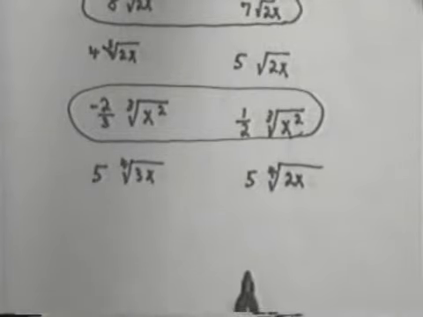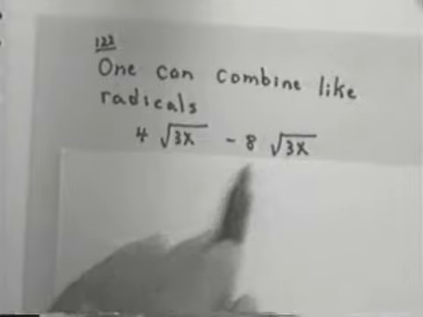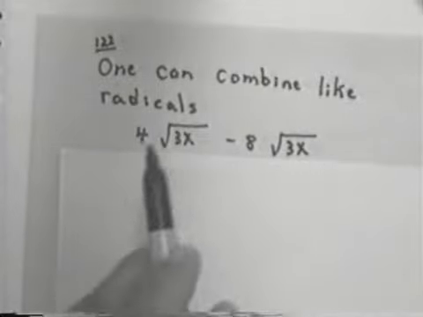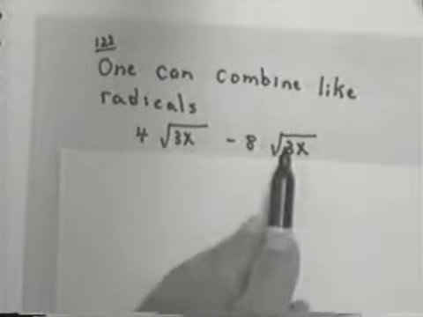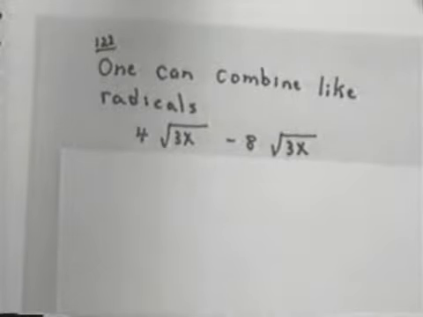One can combine like radicals. Let's look at 4 times the square root of 3x, subtract 8 times the square root of 3x. Now notice that the radicals are alike. They have the same index 2, the same radicand 3x.